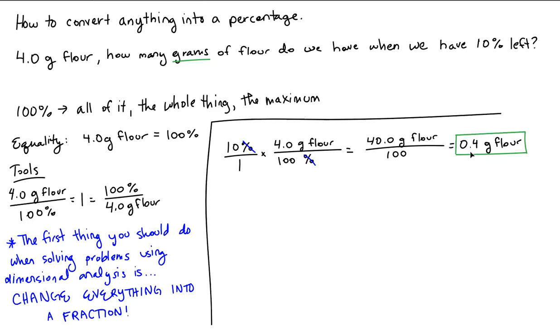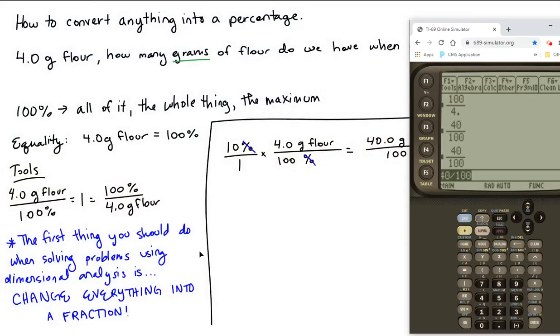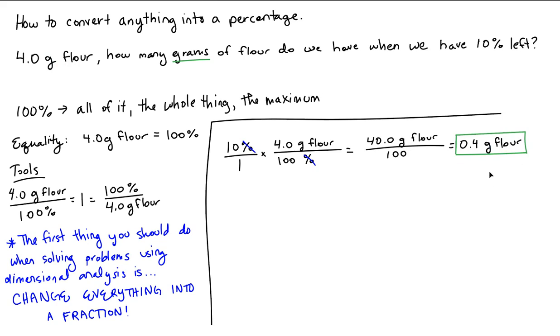That should give me back my 100%. So this is just an extra step that I like to take because I like to think through things and say, does that really make sense? So let me take my 0.4 and say, all right, if I multiply you by 10, what does that give me? And look, it gives us 4, and that's what we started with. So I feel really good about this answer because I even thought through it and it still makes sense. So I feel comfortable just leaving this answer as is.